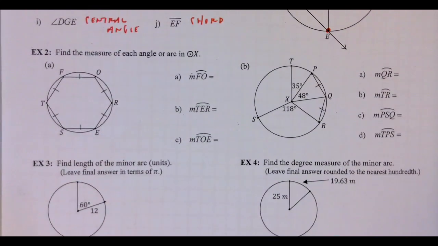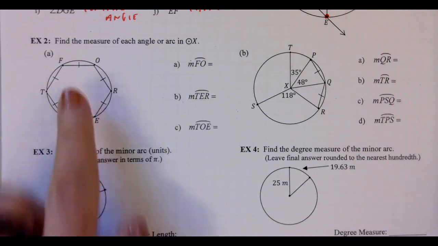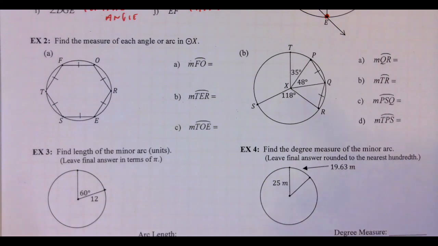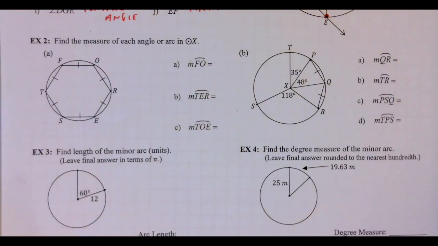Find the measure of each angle or arc in circle X. So if I call it X, X is the center of the circle. Now in this one, I don't have any segment that's building off of a center. All I see is that I have 6 congruent chords, or I could visualize that as an inscribed regular hexagon inside of my circle.